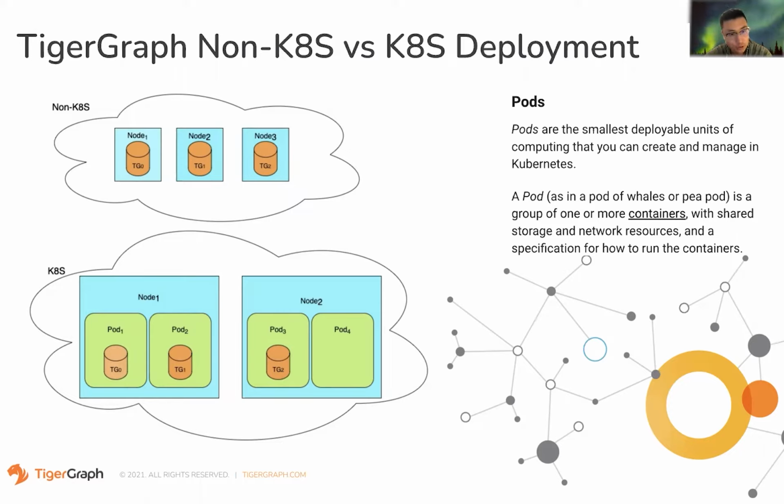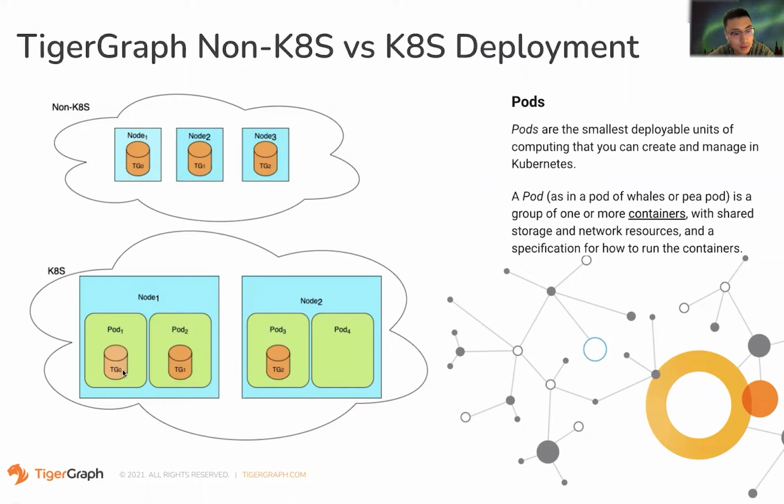Each node can run one or many pods, and each of the TigerGraph database instances runs within these pods. So now, instead of running directly on the node, we run each TigerGraph instance in one pod.